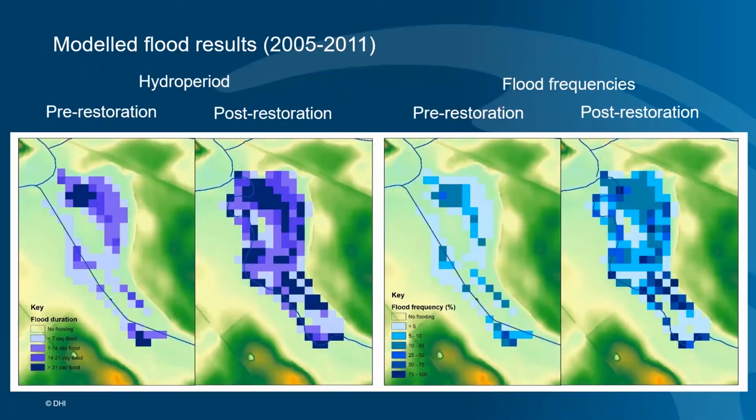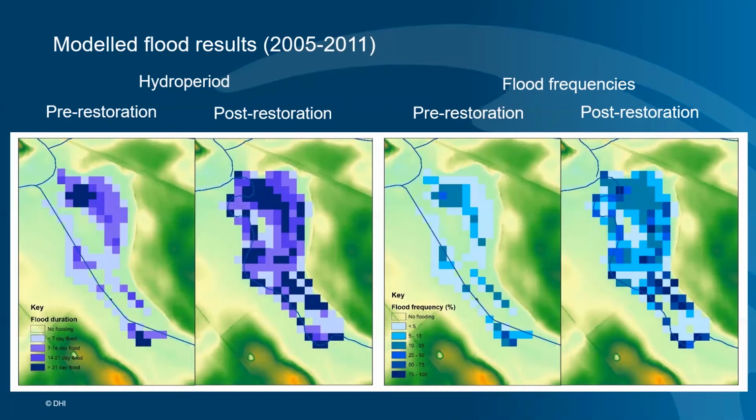So having developed the model, and we're fairly happy with the results from that, then we wanted to turn back in time, and unfortunately we don't have a lot of information about the behavior of the river system, but we do have some information about the river prior to restoration. So if you're looking at this from left to right, we can look at the hydro periods. These are some of the ecological indicators that you would want to look at in wetland areas. On the left-hand side, you can see the very straight blue line.